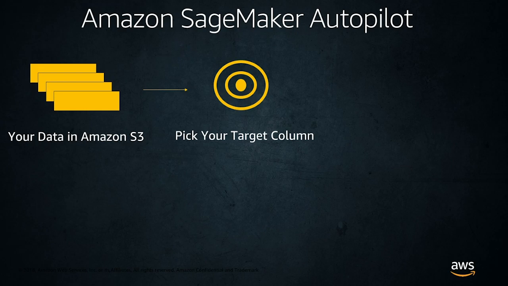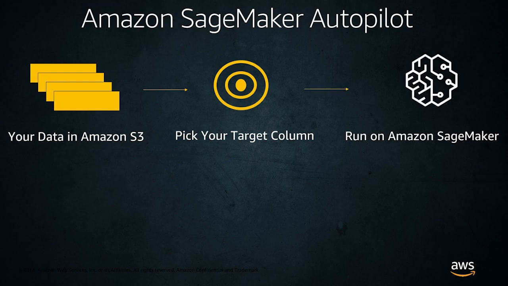After that, we want to pick your target column. In this case with Autopilot, we actually need a header. We need to make sure that we're including a header on our data. And then we're actually just going to point to that target column in the header file when we set up the Autopilot job. And then really the last thing that we need to do is run on Amazon SageMaker.